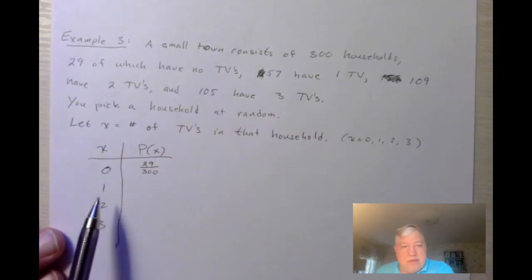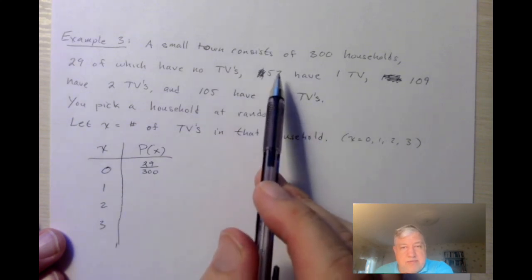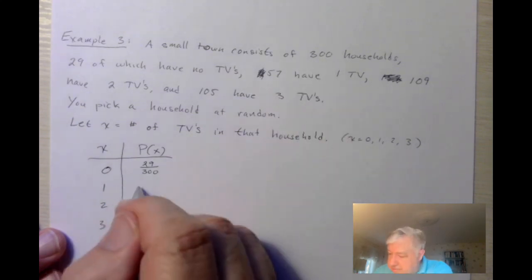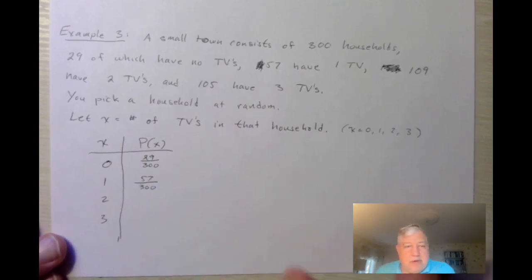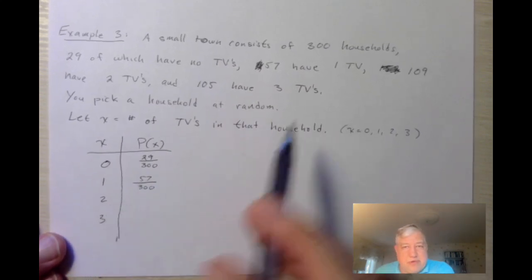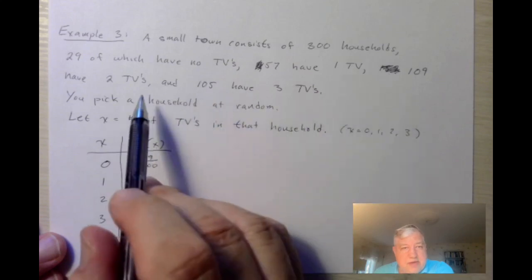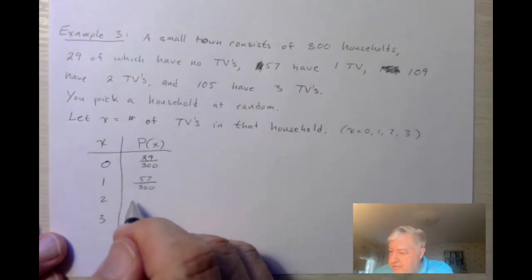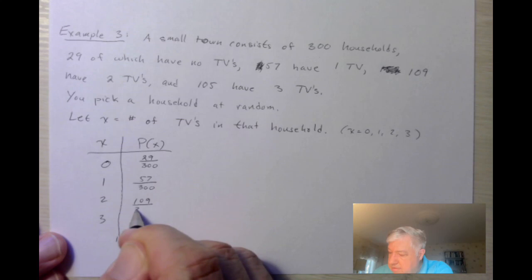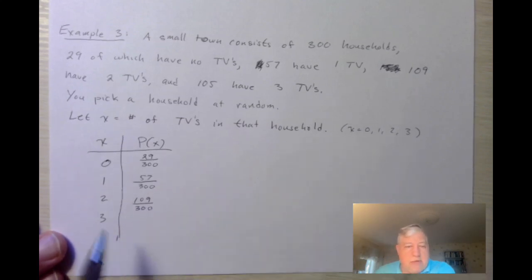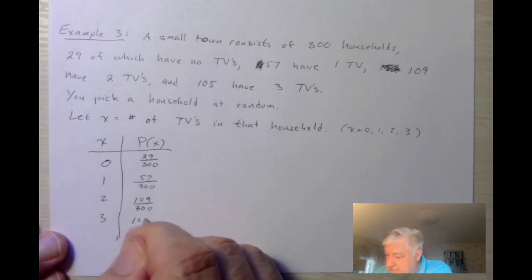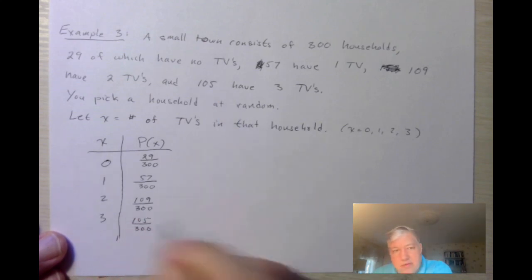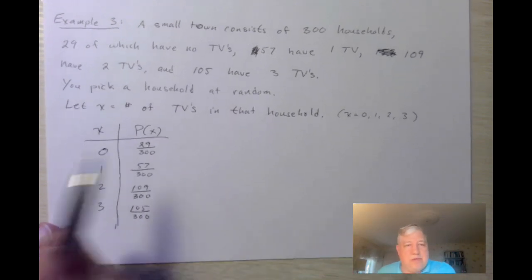The probability that X equals 1 would be 57 out of 300. The probability that X is 2, exactly 2 TV sets, would be 109 over 300. And the probability that X is 3 would be 105 out of 300.